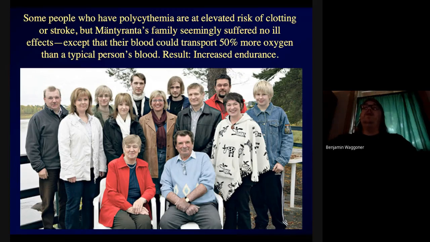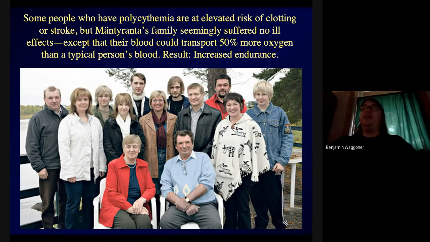In other words, Eero Montiranta did naturally what some athletes try to achieve with something called blood doping. You might have heard of athletes getting blood removed from their bodies, their red blood cells get stored, and then injected back into them on game day gives them the ability to transport more oxygen for their muscles.